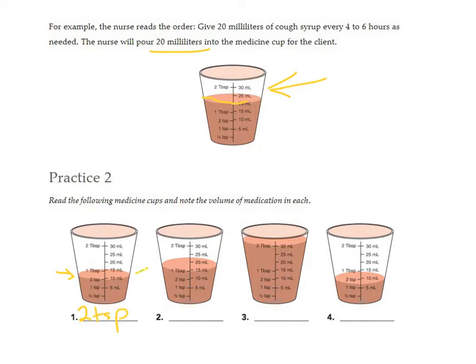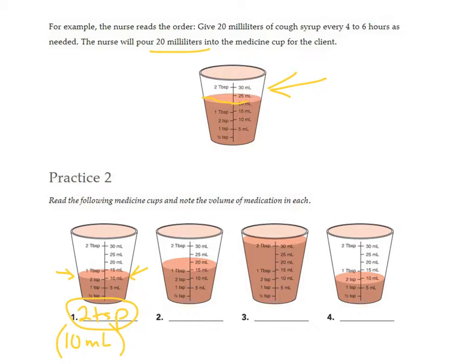The reason why it looks like it's just underneath 10 milliliters is because 1 teaspoon isn't exactly 5 milliliters. The equivalents that I gave you guys when we were covering household measurements at the beginning of the quarter are approximate. So it looks like it's just slightly underneath, and that's okay. You could just indicate it as 10 milliliters or something underneath. But since it's right at the 2 teaspoons, that's probably your better answer for that one.